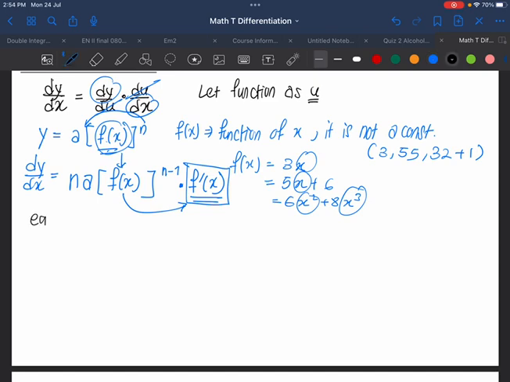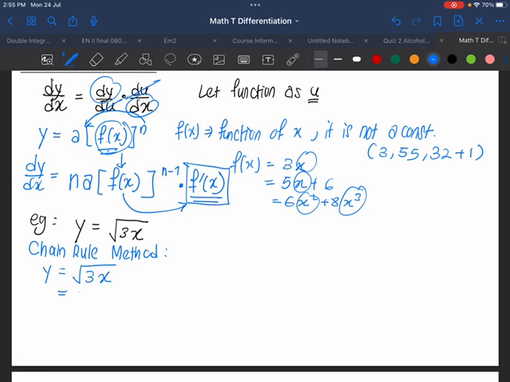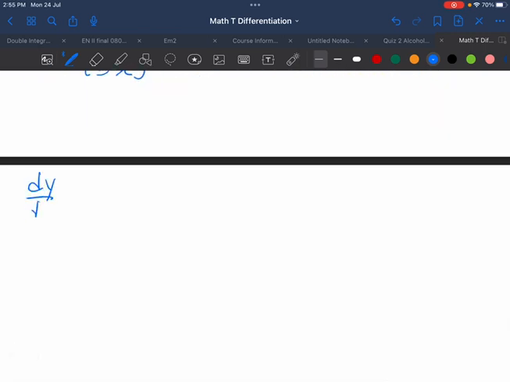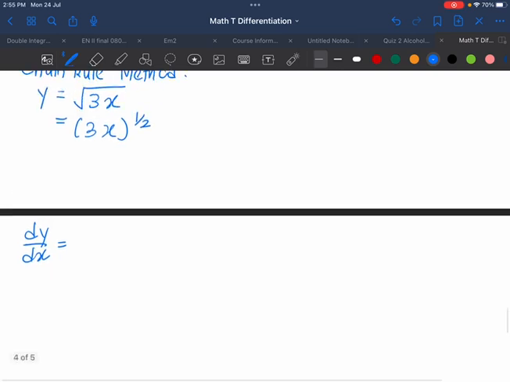Let's say we have y equals root 3x. When we apply the chain rule method, y equals root 3x, and we know that a square root is the power of half. Now how are we going to differentiate this? dy/dx is equivalent to, we take the half in front as in the basic formula, and now we copy back the terms.